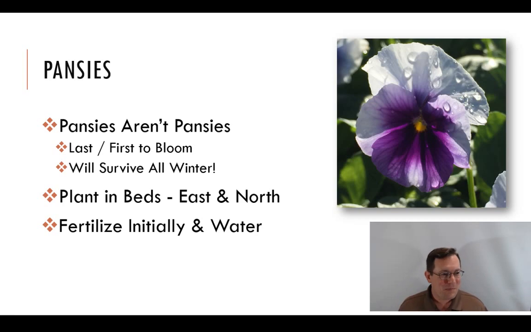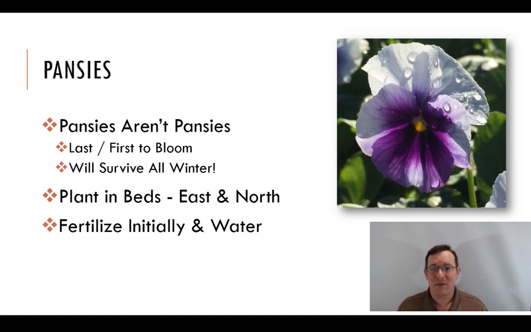Okay, so pansies come in a wide variety of colors. He mentioned that we have 20 varieties of pansies and 20 varieties of violas. Something I forgot to put in a slide is the difference between a pansy and a viola. A pansy has a larger bloom, and a viola has a smaller bloom.